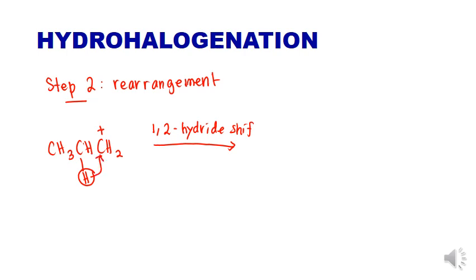So that will produce the change of position of the hydrogen atom to the primary carbon to become CH3. And the secondary carbon produces the carbocation. So now we have produced the secondary carbocation.